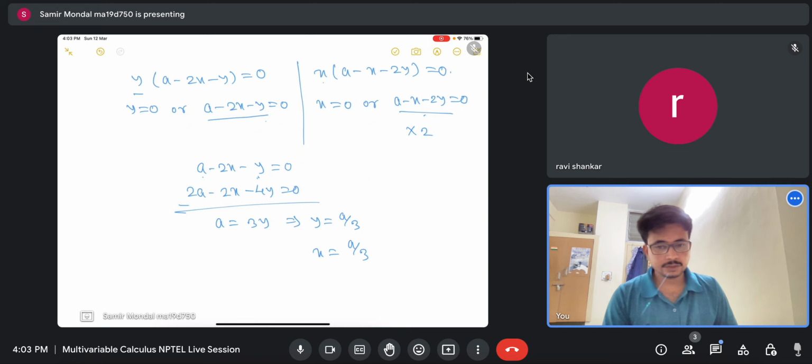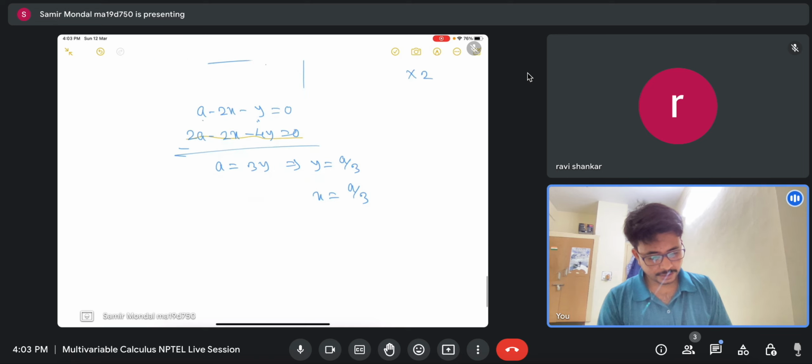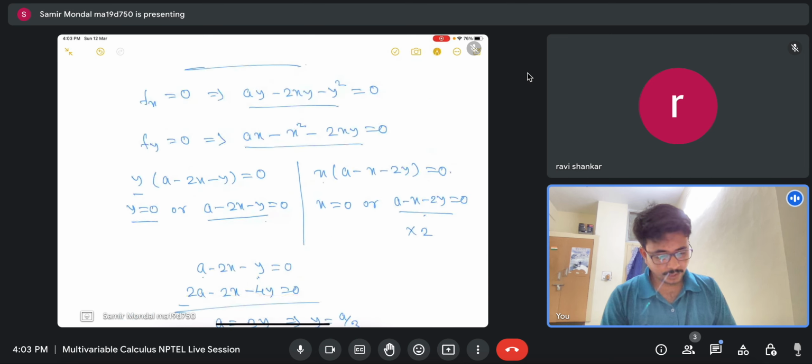Now, in total how many possibilities are there? One is 0, 0. Now if we put y equal to 0 here, what will you get? x is a.